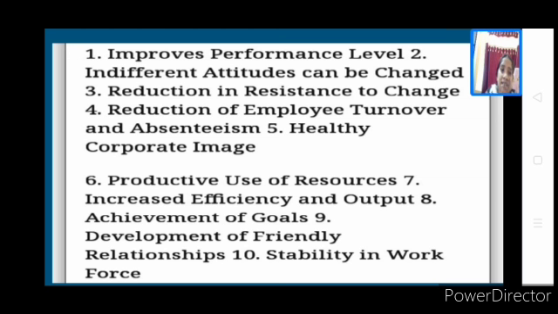And lastly, stability in workforce. So when you are avoiding absenteeism and labor turnover, generally the workforce, that is the employees of an organization, will work in an organization for a number of years. That is stability. So if you have good motivational tools, and if you are a good motivator, your employees will never leave the organization. They will be stable in the organization, means they will be working for your organization even in case of difficulty.